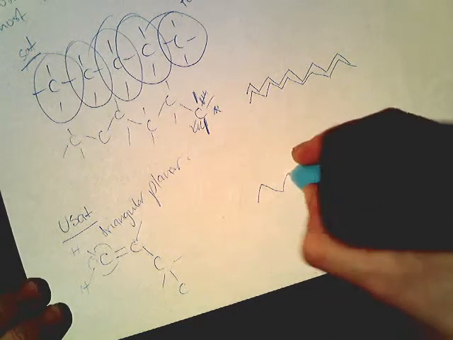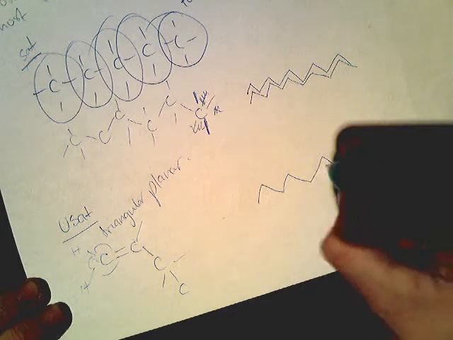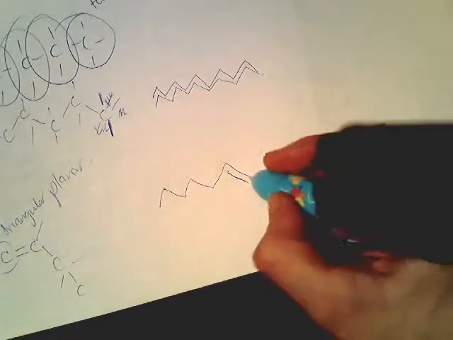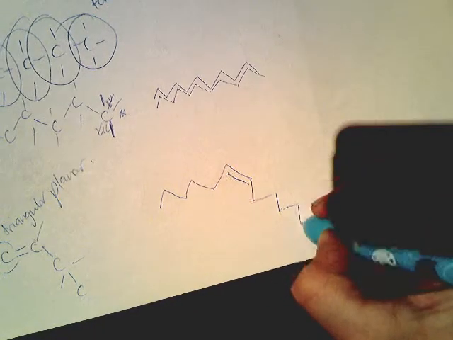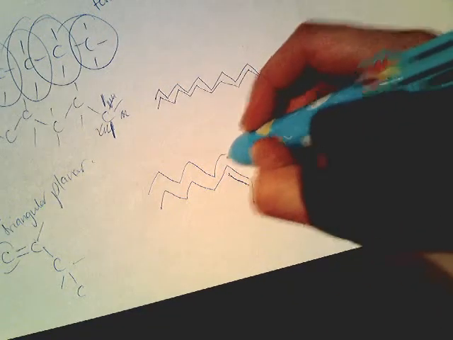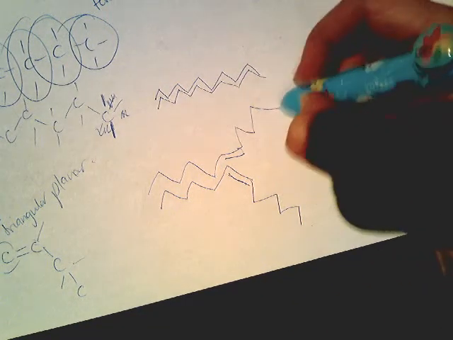So when you have a double bond, it creates what's known as a kink in the chain. Therefore, they are unable to pack as close together.